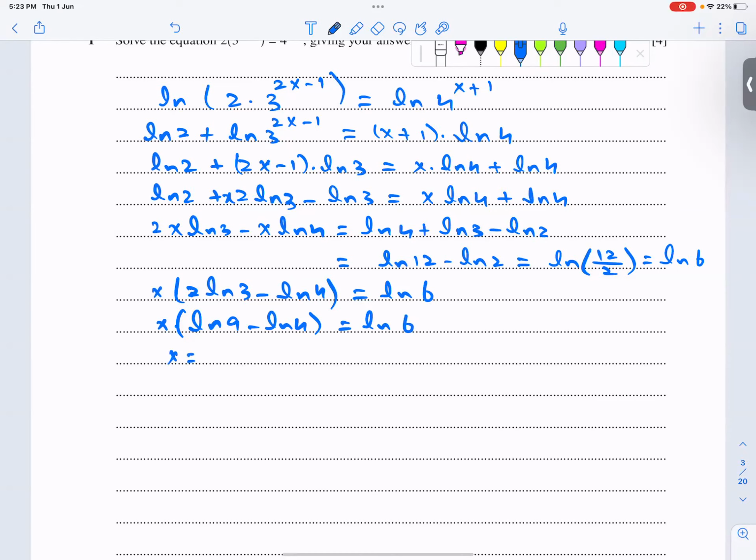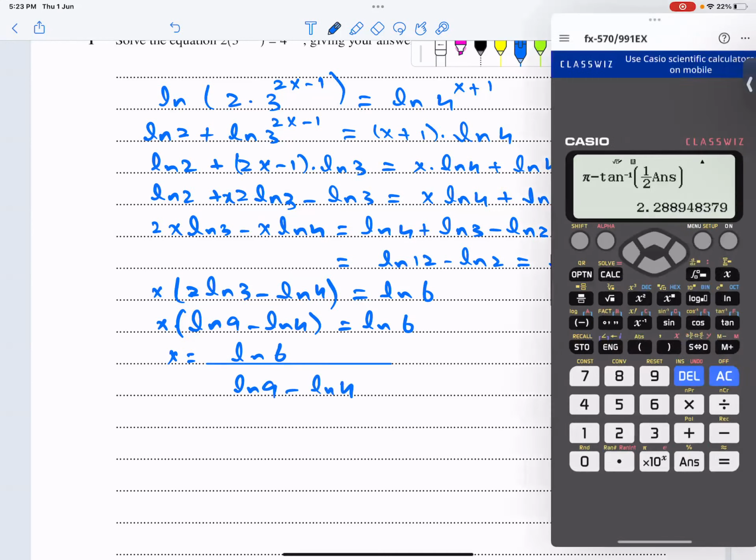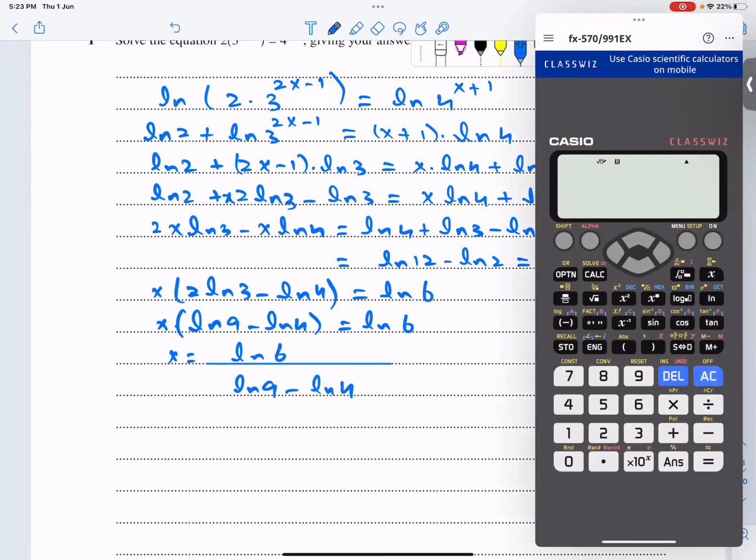So now just divide on the other side. This will become x equals ln of 6 upon ln of 9 minus ln of 4. So now put this value in the calculator, but make sure the calculator is set on radians.